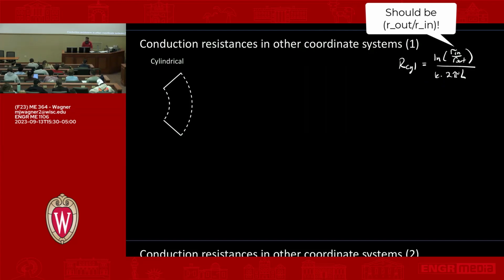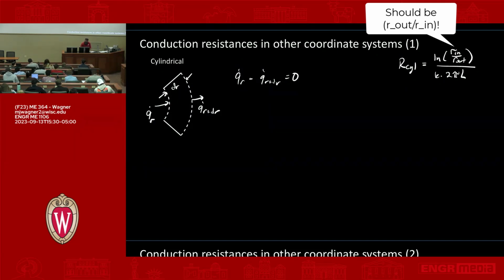All right, here are our cylindrical coordinates. This is our control volume. Let's go through the analysis again quickly because we've done this. We have Q dot at R, Q dot at R plus dr, and the width here is dr. We do our energy balance: Q dot R minus Q dot R plus dr is equal to 0.